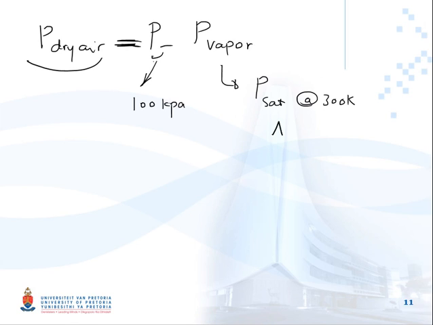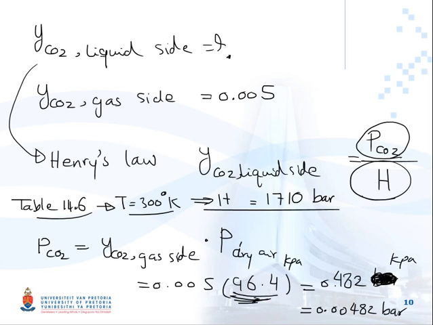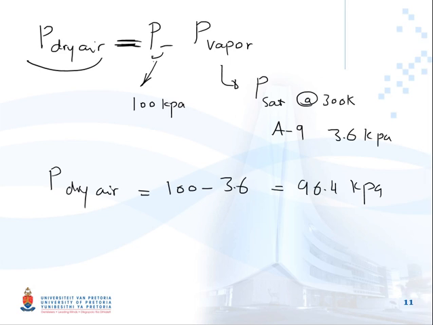From table A9, we know that this is equal to 3.6 kilopascal. So basically P dry air is equal to 100 minus 3.6, which is 96.4 kilopascal, the one that we used here to calculate the partial pressure of carbon dioxide, and after that if we divide we have the final answer.